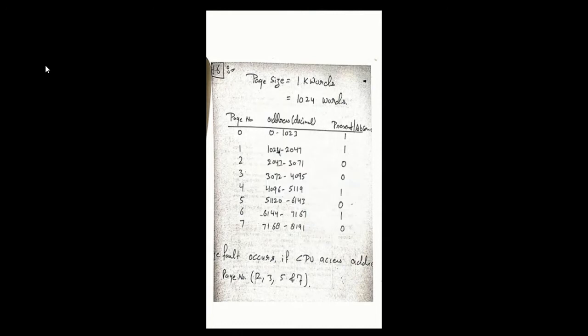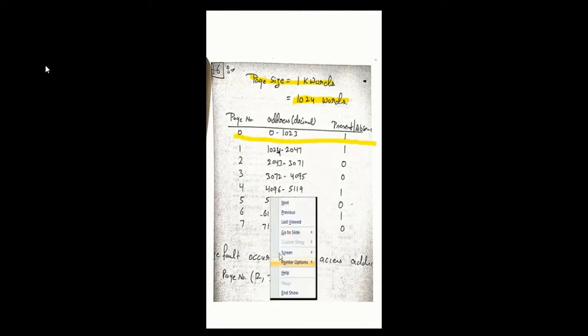Because it is 1024, 0 to 1023 will be 1024. So page 0 starts from 0 to 1023.